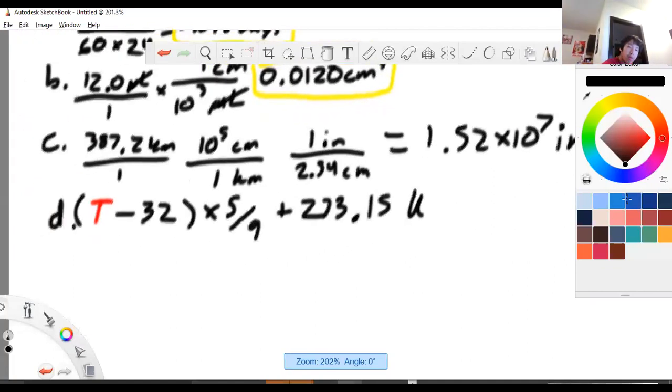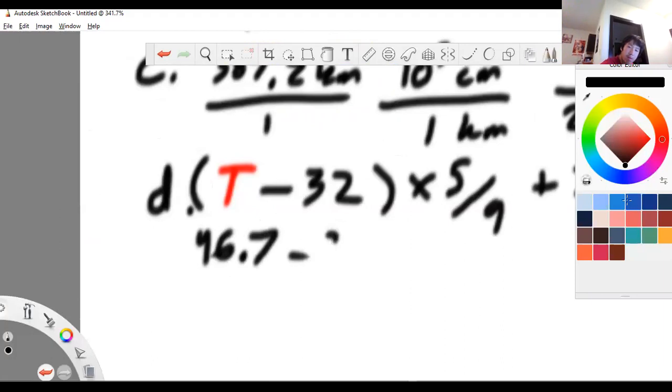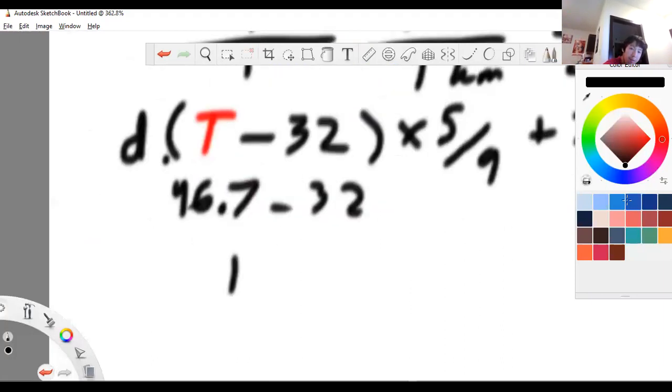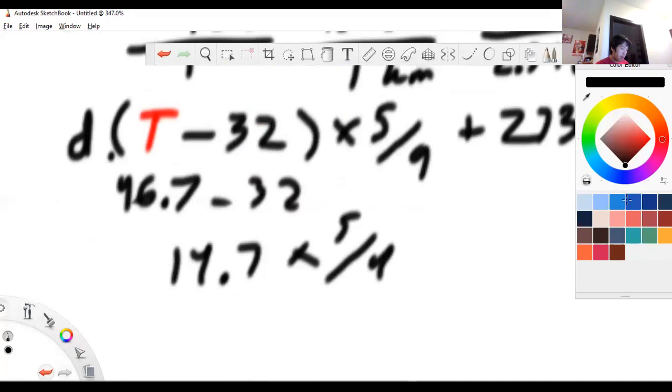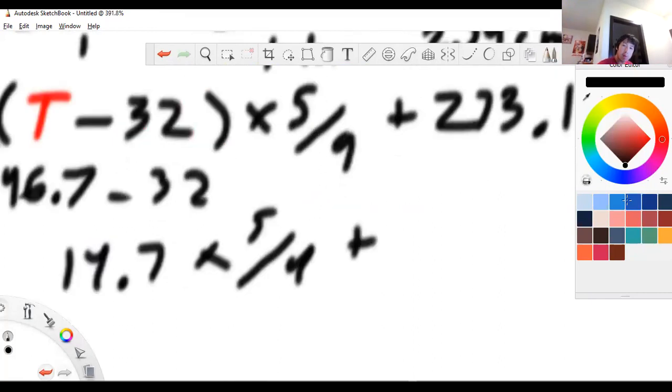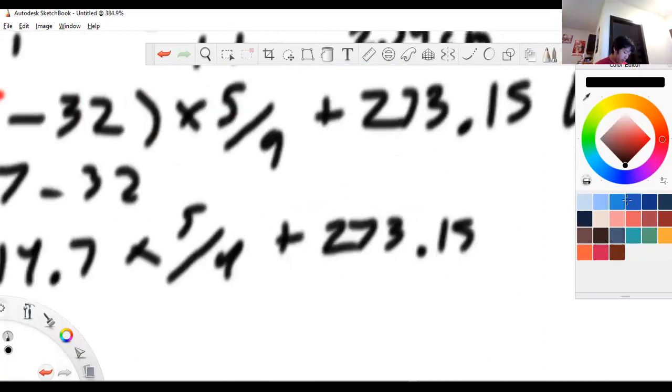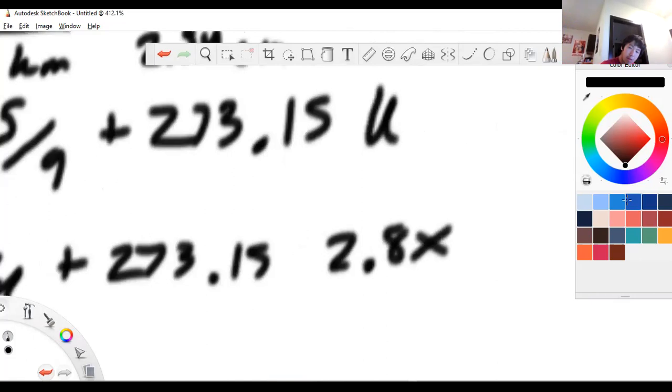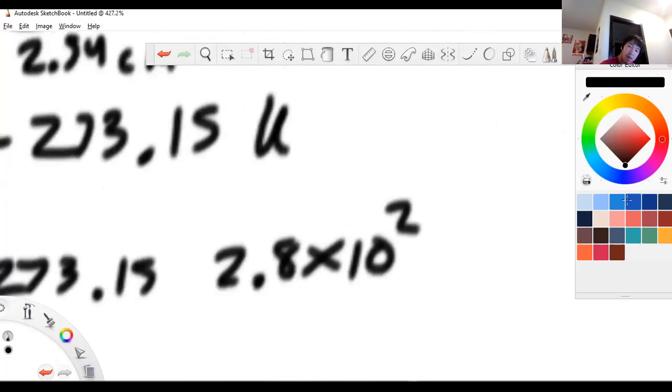So put 46.7 minus 32. That's going to give us 14.7 times 5/9, plus 273.15. We get 2.8 times 10 to the second Kelvin.